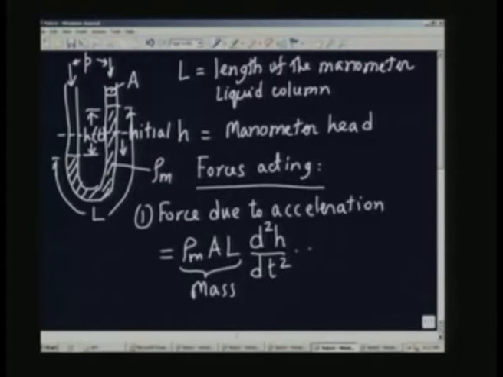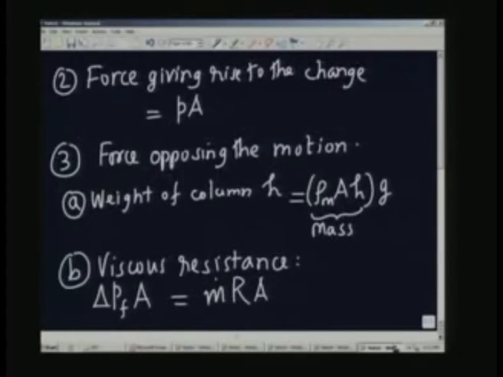So, if you look at this, I can say this is 1, this is 2, this is 3, this is 4. So, there are 4 forces. The second law of motion will tell us that the net force will be the net positive minus the net negative.